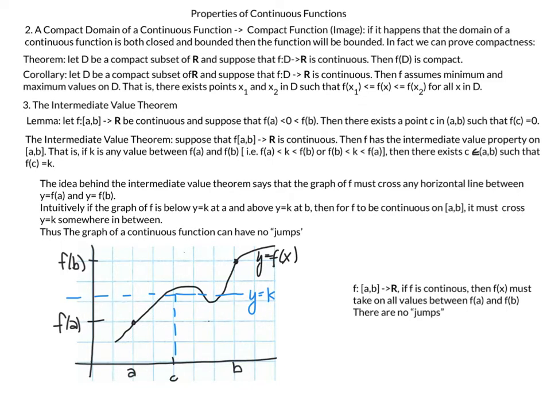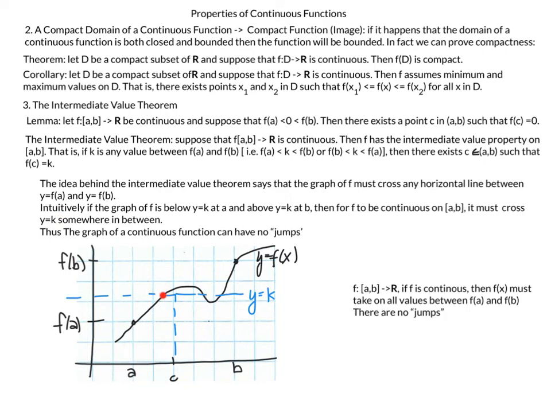So if the graph of f is below y equals k at a, so here's our line y equals k, so f of a is below our line y equals k, and above at b, so f of b is above y equals k, then for f to be continuous, it must cross y equals k.